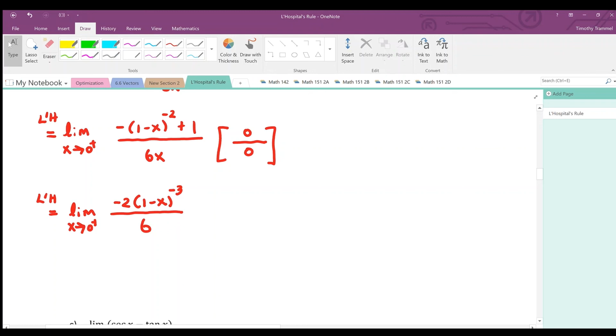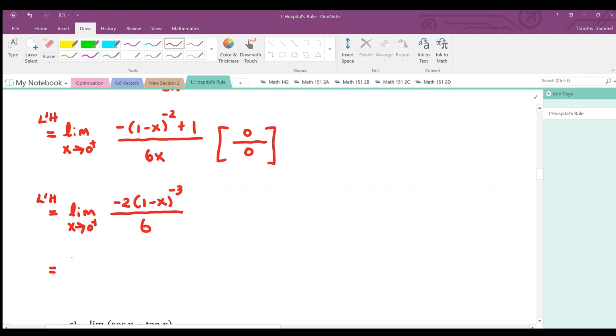The -2 over 6 could be simplified to -1/3, and this 1 minus x to the -3, we could rewrite using a positive exponent by bringing that to the denominator.